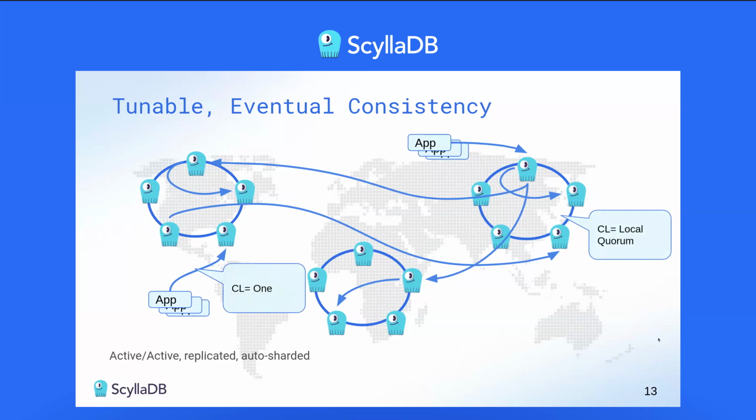And similarly with consistency, ScyllaDB is an eventually consistent database. And similar to replication factors, you can have different consistency level settings per region. So in one region, you can have a consistency level of 1, for example, so you will only need one node to successfully respond to a request. And in another region, you can have a consistency level of local quorum, which would mean that you need the majority of the nodes to respond successfully to a request.